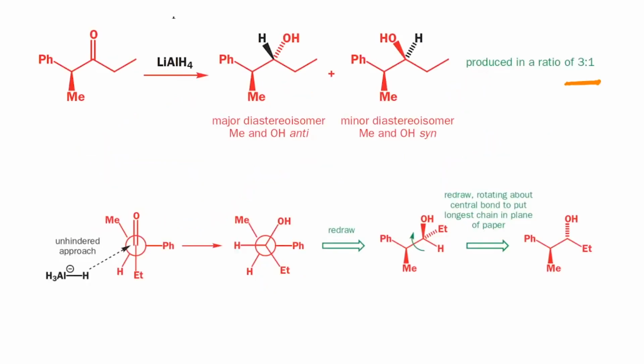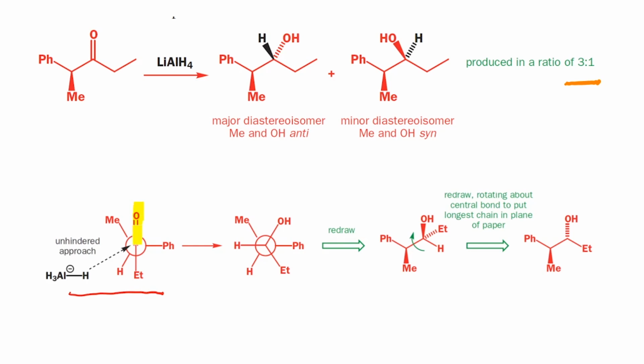Okay, so let's now quickly recap. When we want to explain the formation of a product, in this case in the ratio of 3:1, we want to develop a model, and the model we prefer to use is the Felkin-Anh model. The Felkin-Anh model has very important characteristics.